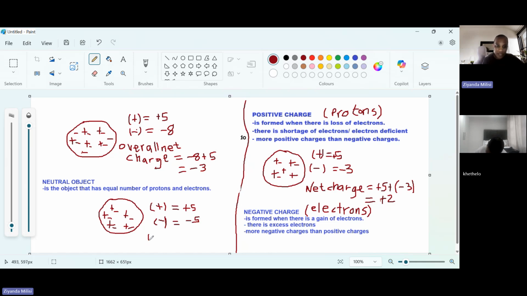Then if you calculate the net charge, what is the overall net charge?